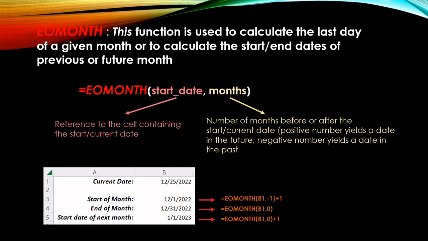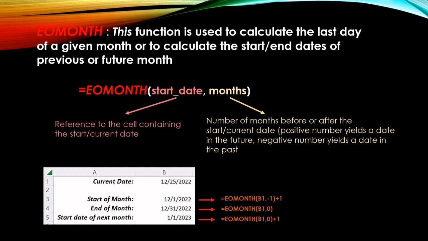To calculate the start of the month, you have to get a little bit clever, but you can use the EOMONTH function to do that as well. For instance, the start of the current month could be calculated using EOMONTH B1 comma negative 1, which gives me the last date in the previous month, and then just add 1 to it to get the first date of the current month.